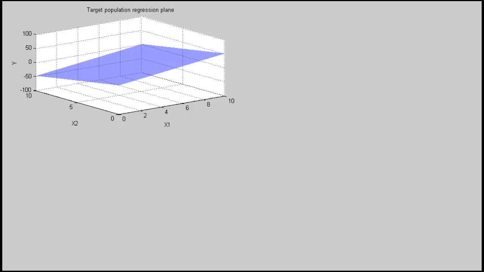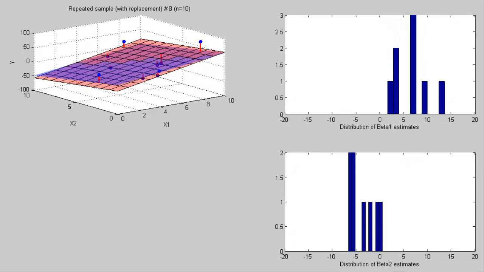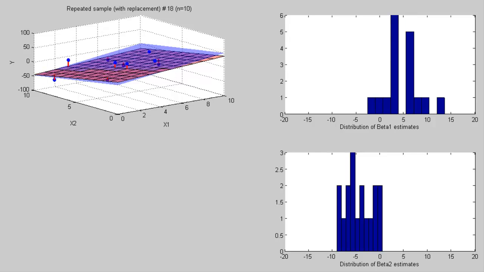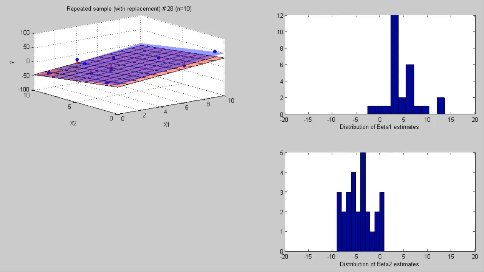I'm generating that target population using this equation, and then I'm drawing random samples of, let's use a sample size of 10. We'll have a lot of wobble in the model. And let's just keep track of the values for the beta coefficients in front of x1 and x2 that we're getting from each of these samples.